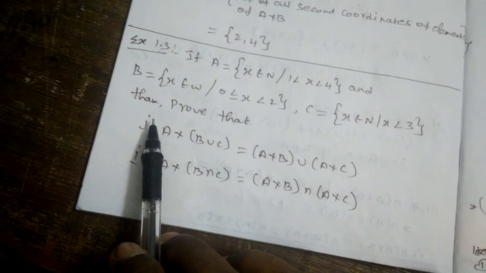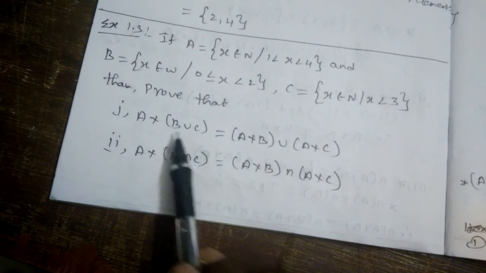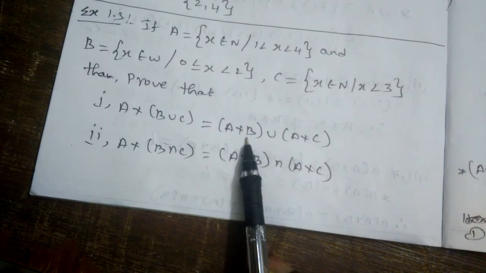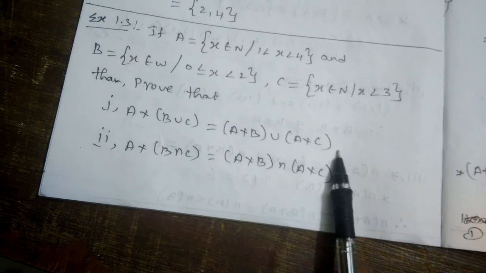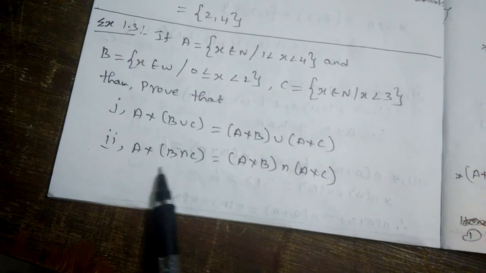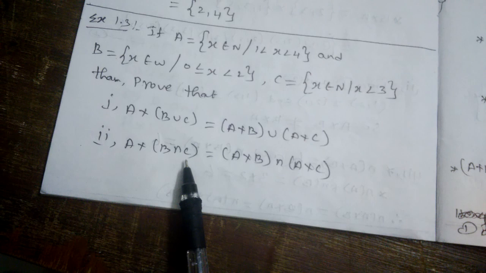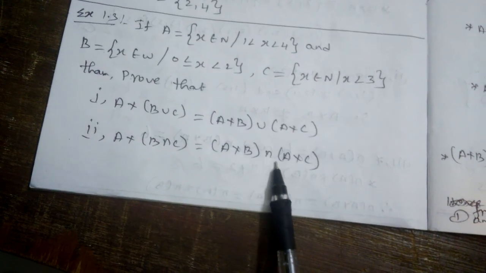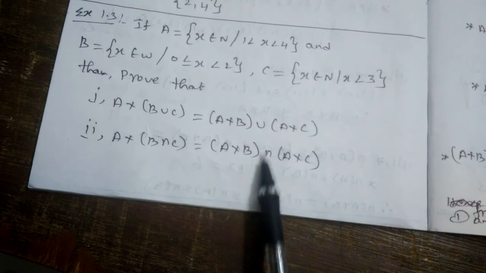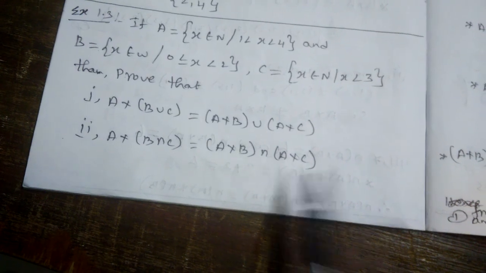Then prove that A cross (B union C) is equal to (A cross B) union (A cross C), and second, A cross (B intersection C) is equal to (A cross B) intersection (A cross C). Solve now.